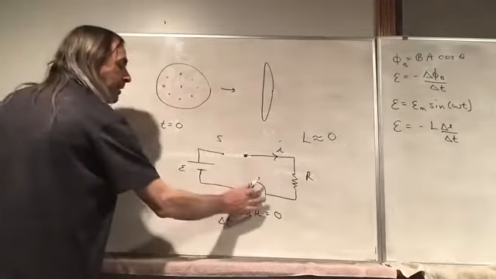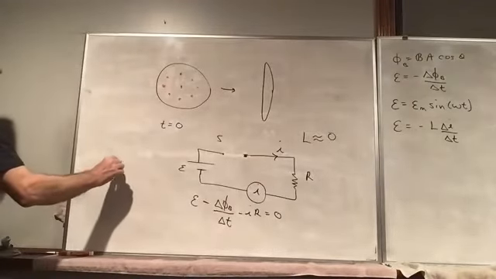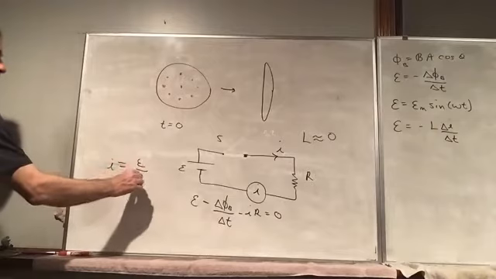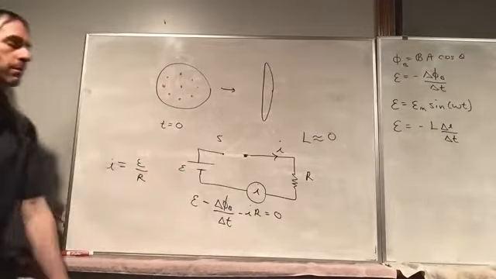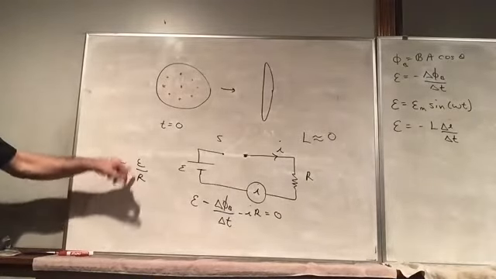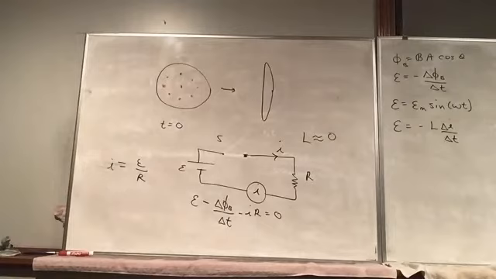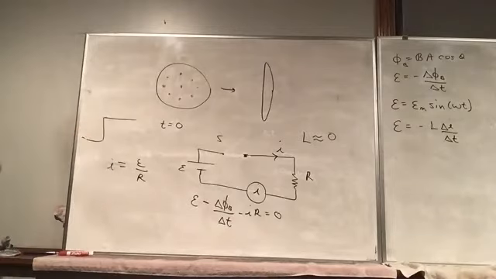Or let's put an ammeter in here. As soon as you flip the switch, it might take the meter a small time to actually adjust itself, but you'd see the current go to the EMF of the battery divided by the resistance. It would just look like this, basically. It would be an almost instantaneous change.